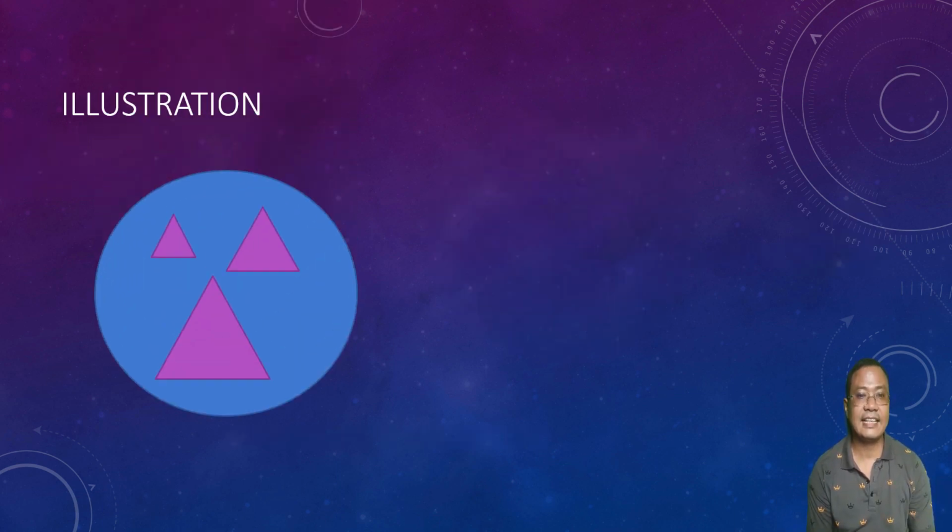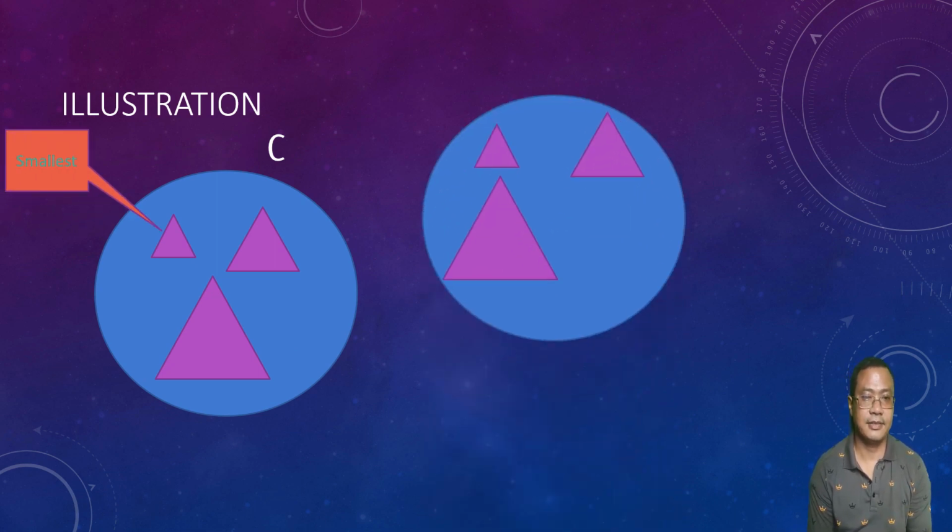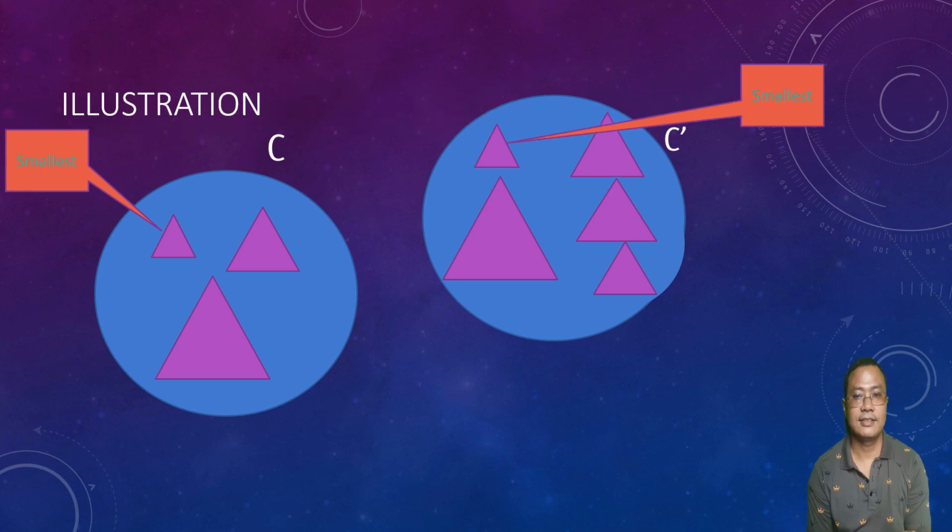Next, in another possibility, okay, this C has the smallest one, this one, and then in the same C we are putting some additional ones. So the smallest one will be the same as the original one, because the additional triangles are bigger than the smallest one.